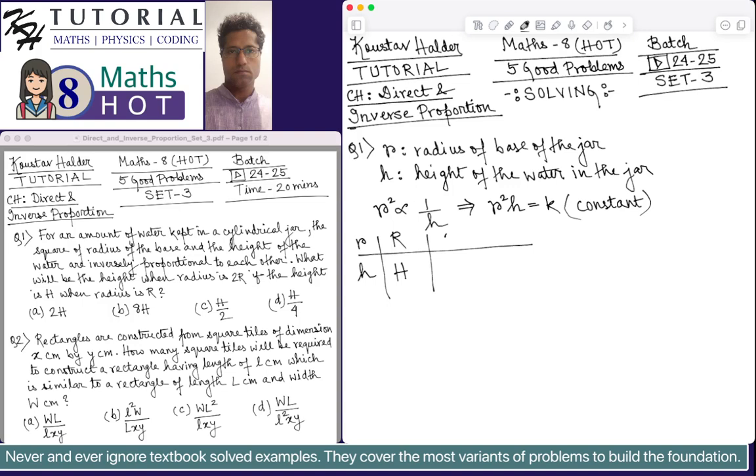We have to find the height. Now let's assume the height when the radius is twice R, let the height be H1.